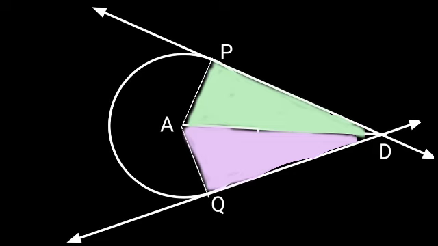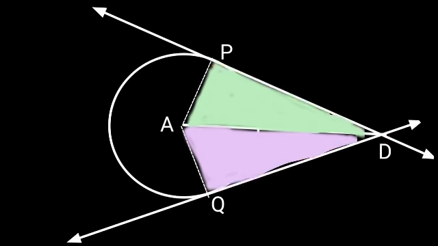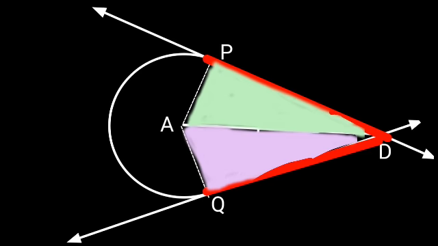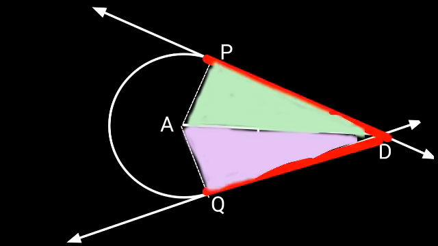If the two triangles are congruent, then their corresponding sides PD and QD are also congruent. Thus we prove that segment PD is congruent to segment QD.